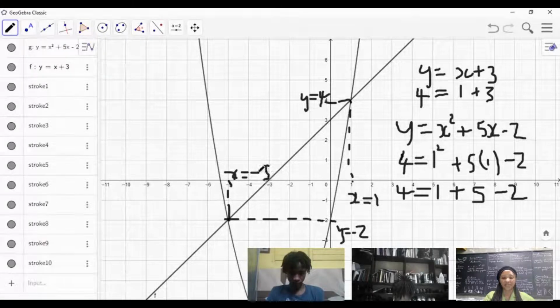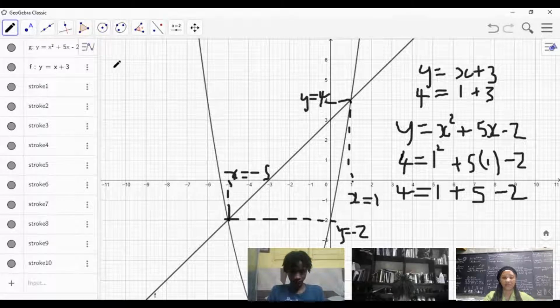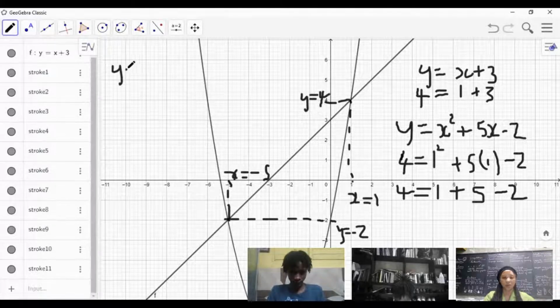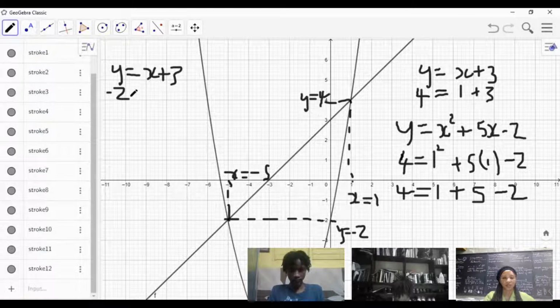All right, so let's check the other pair of values. If x is -5 and y is -2, for the linear we would have y equals x plus 3. So we're saying y is -2. So -2 equals -5 plus 3.